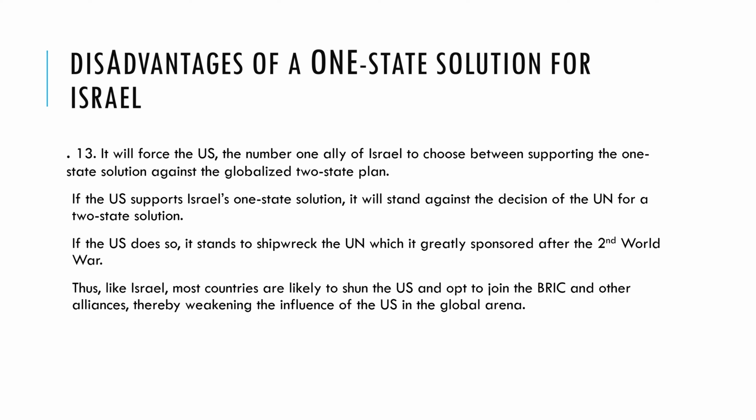If the US does so, it stands to shipwreck the UN, which it greatly sponsored after the Second World War. Thus, like Israel, most countries are likely to shun the US and opt to join the BRICS and other alliances, thereby weakening the influence of the US in the global arena.